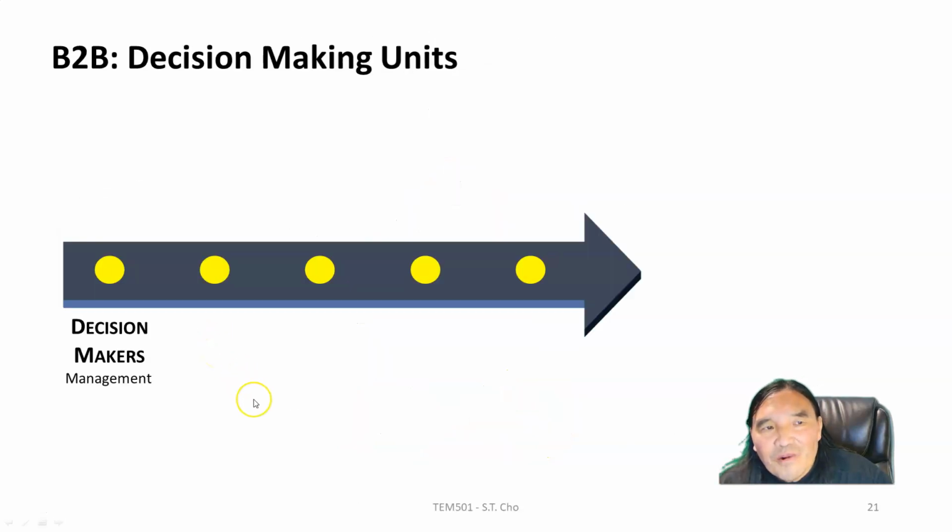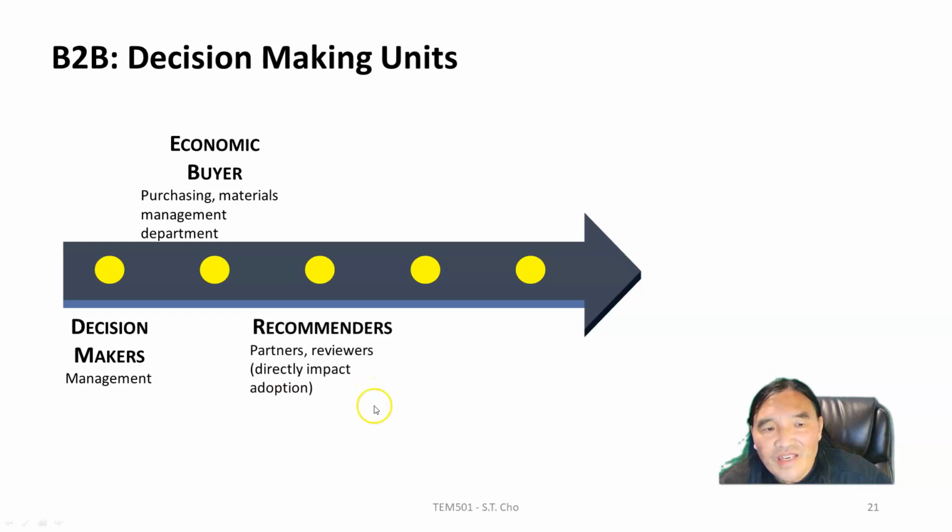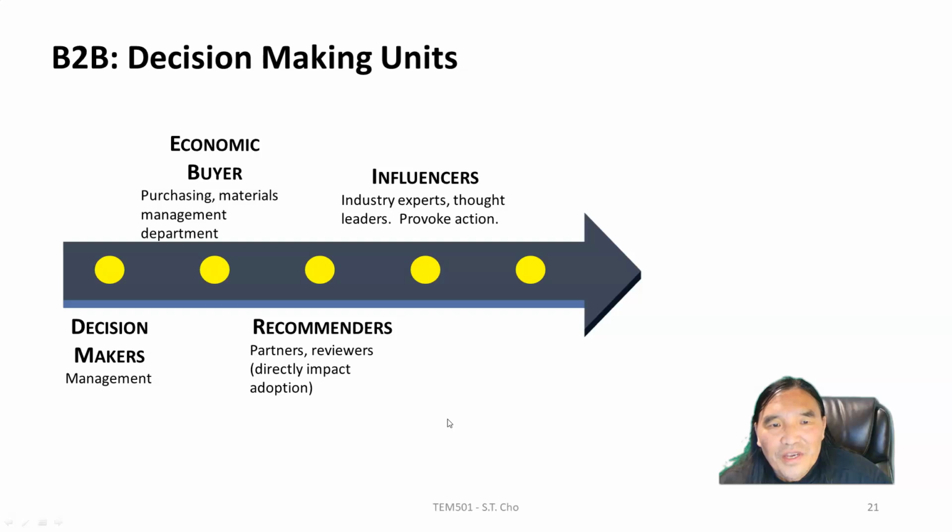The types of people in a decision-making unit: you have the decision makers like management. You have economic buyers who can actually sign off on it. You have recommenders, people who can tell you whether or not this is a good idea. You have influencers, and the end users are people who touch the product.